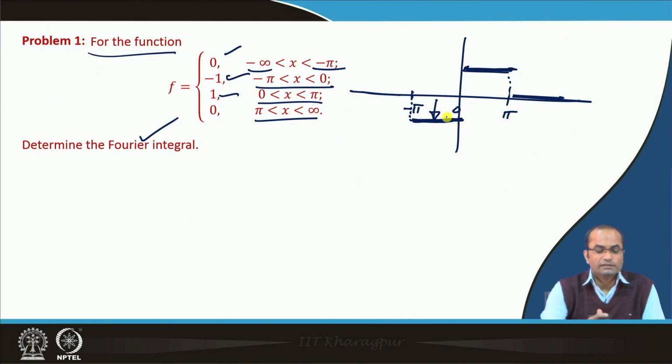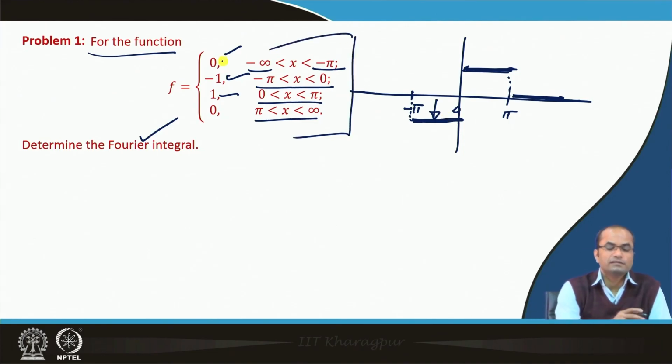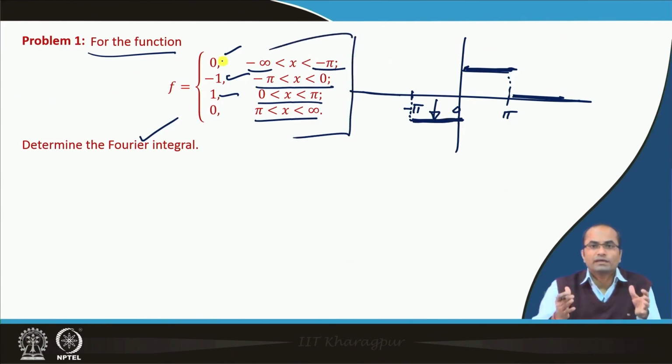But the point is, here the function is defined from minus infinity to plus infinity. So, we are writing its integral representation, which automatically comes out as the sine integral representation. In this case we do not have the possibility of choosing between the sine integral representation and the cosine integral representation, because the function is defined from minus infinity to plus infinity.